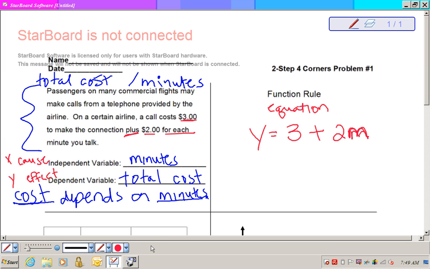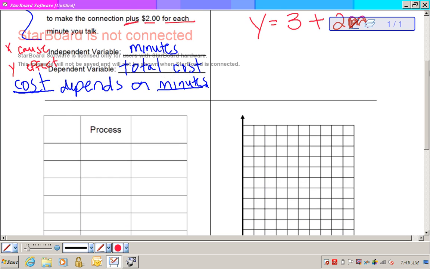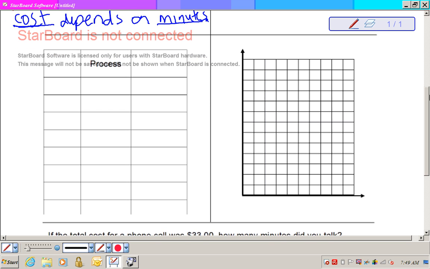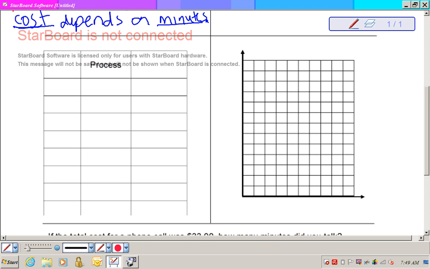So we have the $3 plus the $2 per minute. If we go down to our table, the process, this is going to be our Y equals 3 plus 2m.